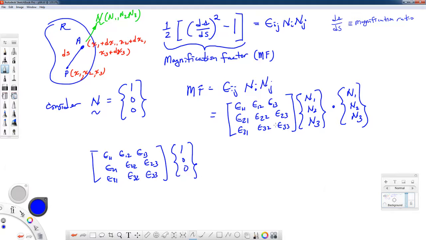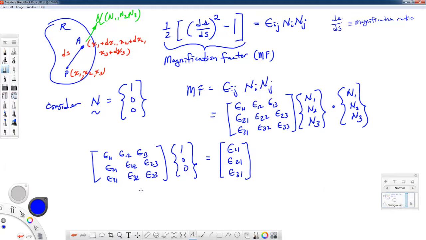Okay, so let's take a look at just the first part of this. We have a column vector 1, 0, 0 multiplied by our 3 by 3 matrix of components representing the strain tensor. What we get in that case is a vector that has these components.